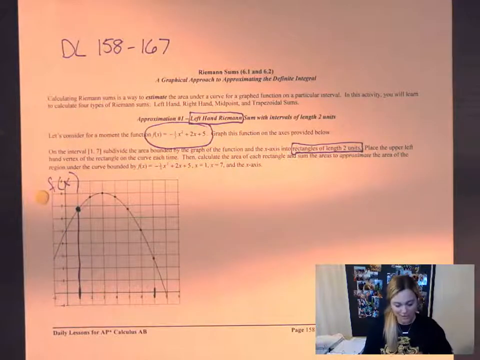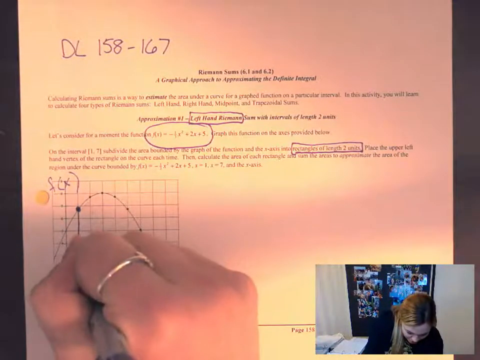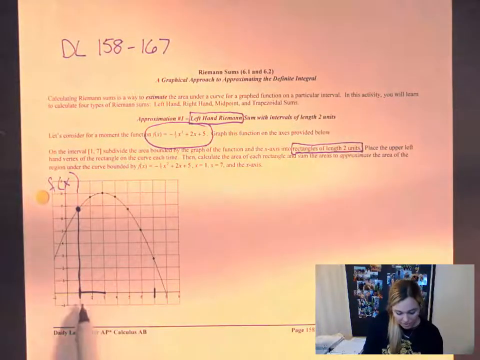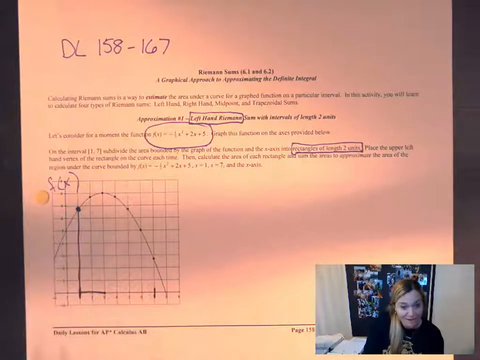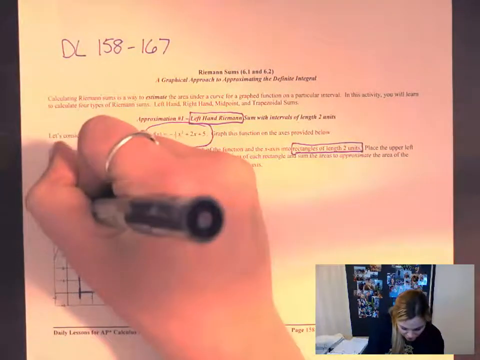And then a rectangle has to have parallel sides, and down here at the bottom of it, if I say of 2 units, that's what it's asking up here, I'm making a rectangle that has a length of 2 units and has a height of f of x. Over here, I can't just go up. I would have to just go straight over.